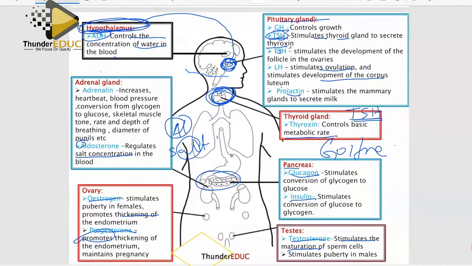But now I want less thyroxine. What is this TSH going to do? I'm going to have to reduce the amount of TSH I produce, so that the thyroid gland produces less thyroxine. And if less thyroxine has been produced, the level of thyroxine goes back to normal.